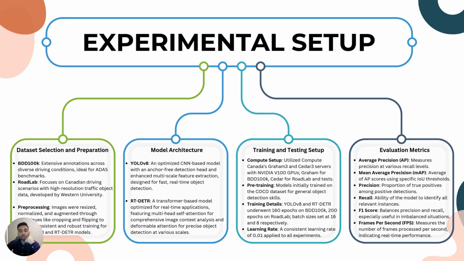The F1 score was also crucial for balancing the precision and recall, which is particularly valuable in scenarios of imbalanced class distributions. We'll talk more about that in the later result discussion. And lastly, frames per second or FPS was a key metric because it reflected each model's ability to process frames quickly, which is a critical factor for ADAS performance.